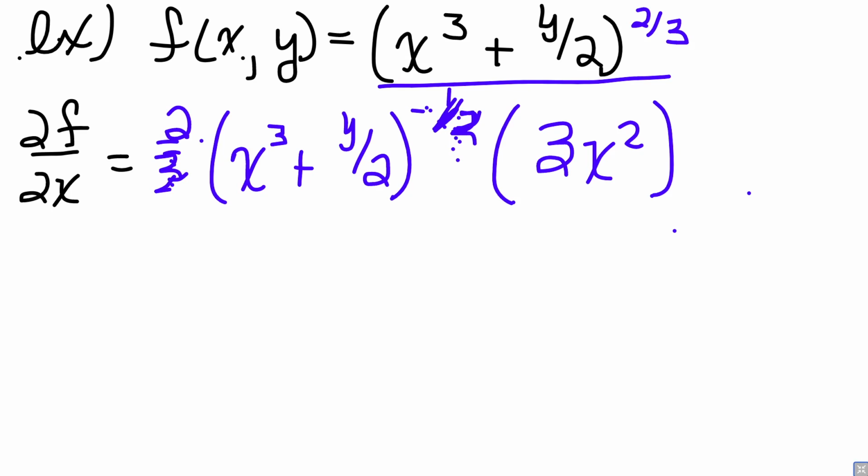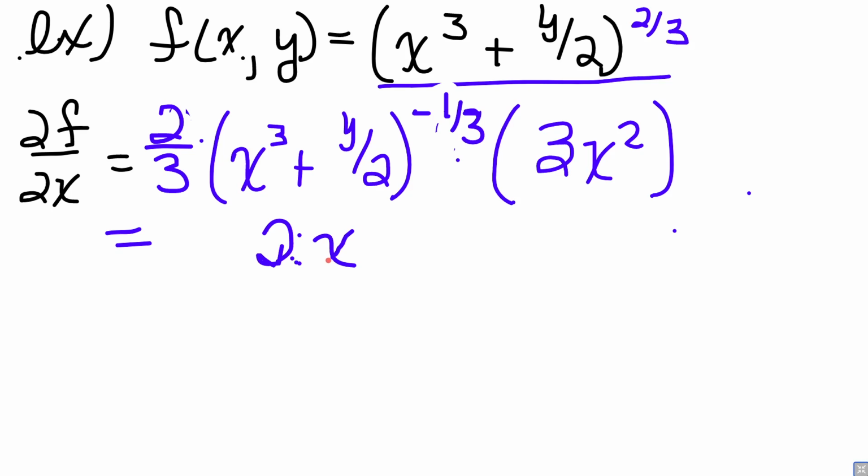Okay. So let me see if I got my pen working correctly now. So this is going to be 2/3. This is going to be negative 1/3. If I clean this up, what I'm going to end up with is, oh great, it's still acting up.